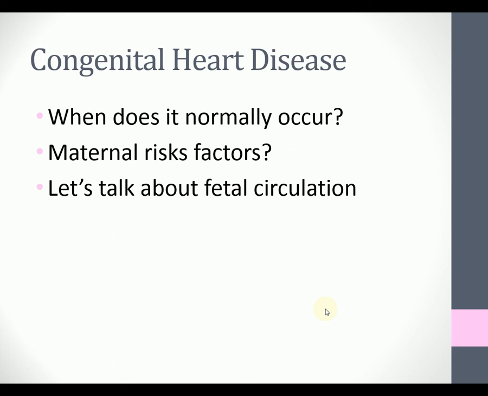We don't hear it, but we can actually see it on ultrasound, that the heart actually begins to beat at around 4 weeks. So usually this is the time that we're seeing congenital heart disease occurring, in that first 4 weeks of gestation.